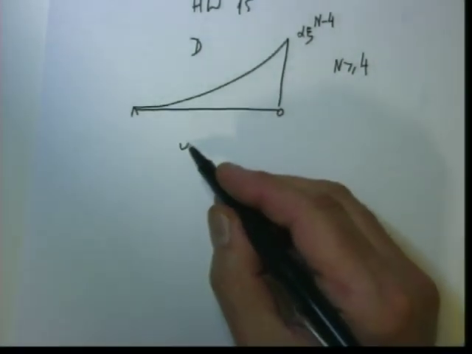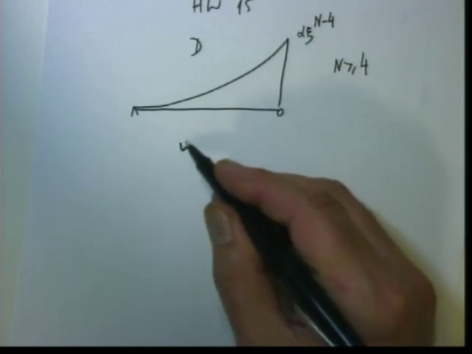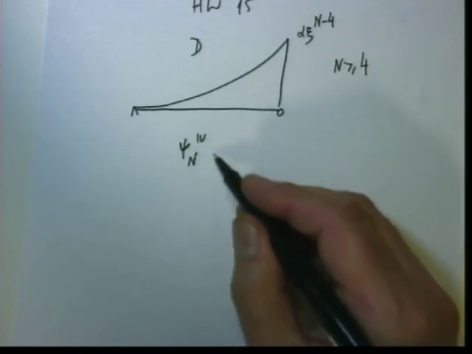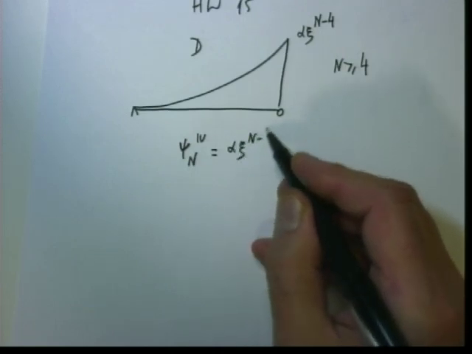So we have the differential equation EI, etc. Then we have psi n to the fourth power equals alpha psi n minus 4.